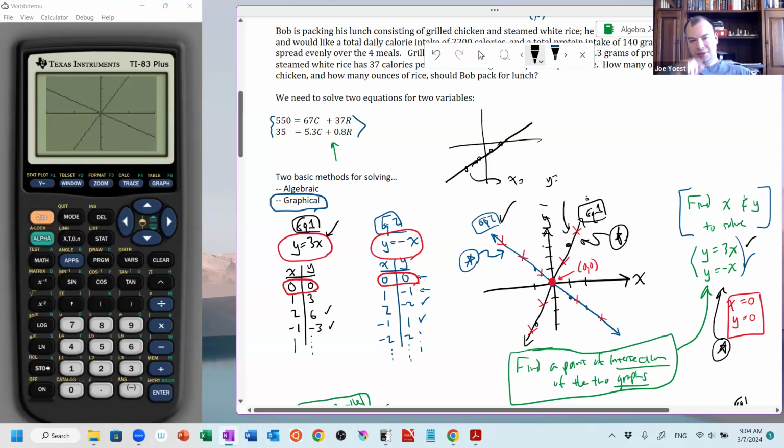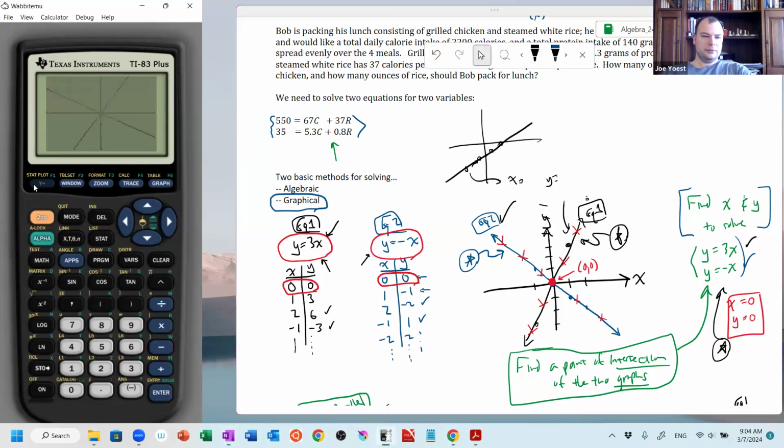So what does the process look like? The process looks like: get y in terms of x for both equations if needed. In this case, we already started out with y in terms of x. Enter the two equations into our y equals menu. Choose an appropriate window.